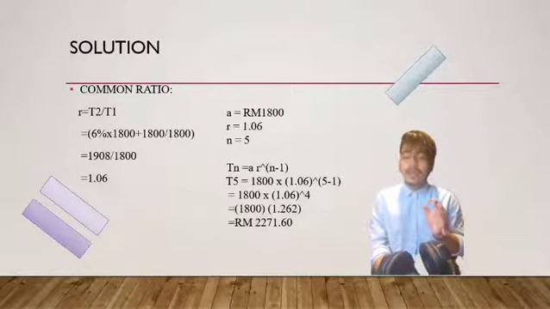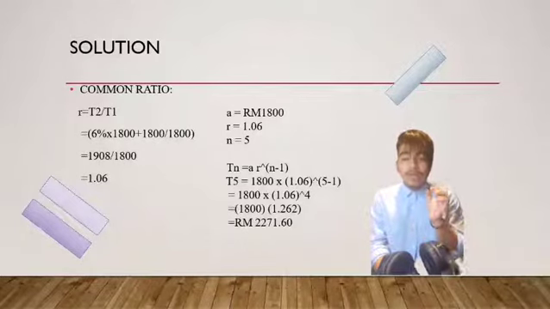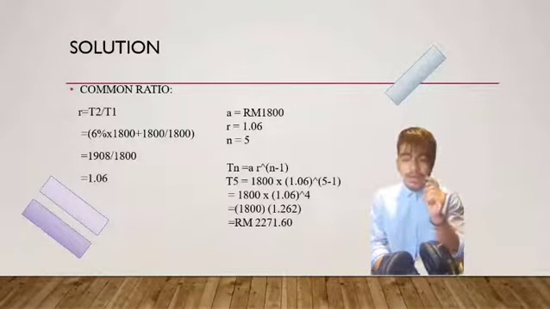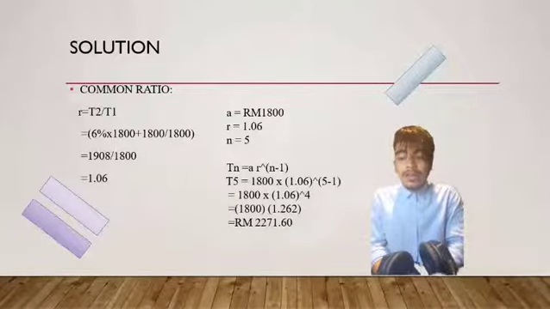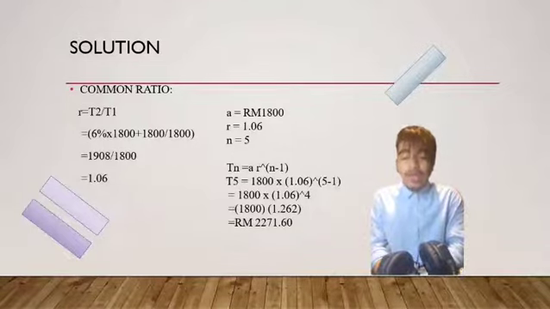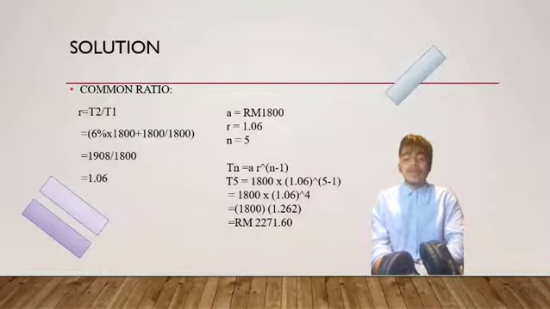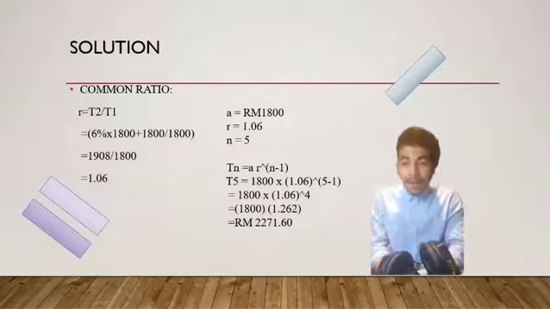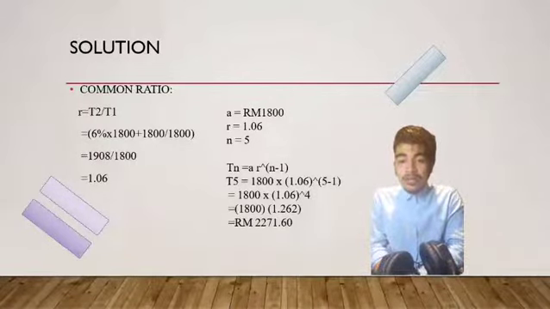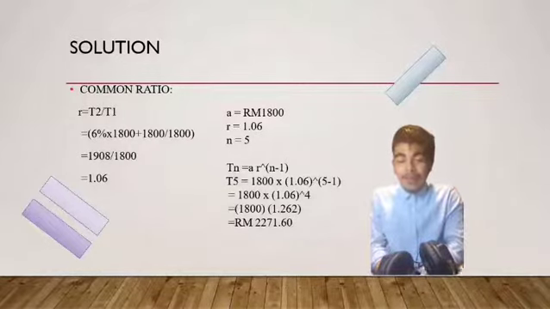After that, we will be using the equation of term n equal to A times R to the power n minus 1, where Tn will be T5, A will be 1800, R will be 1.06, and n will be 5. We will get the equation of T5 equal to 1800 times 1.06 to the power 5 minus 1.